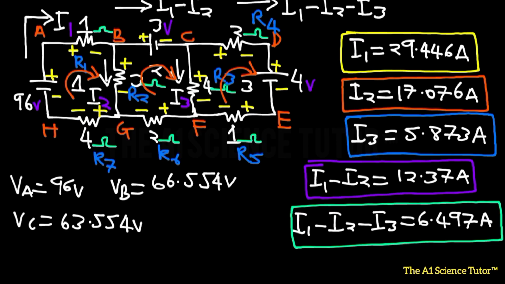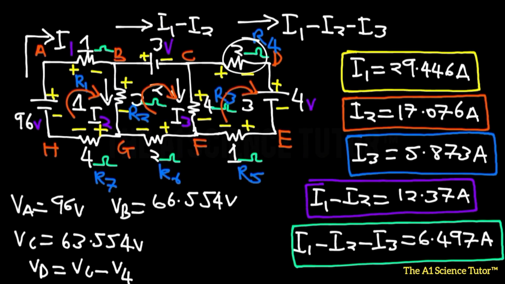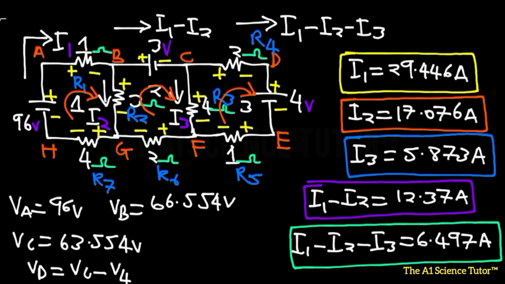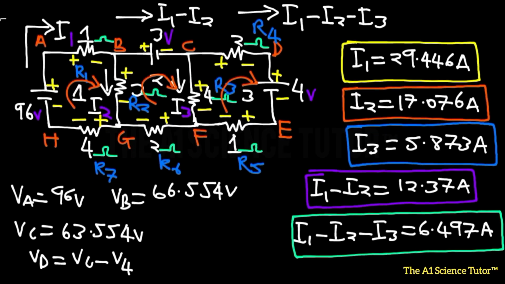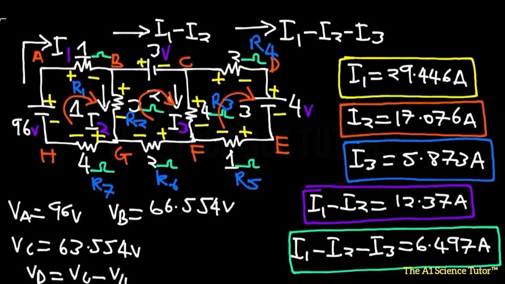Now how about VD? We know that VD should be equal to VC minus V4. That is the voltage wasted over the 2 ohms resistor. Now V4 has to be I1 minus I2 minus I3 multiplied by R4. That is the current going through the 4th resistor. You got to multiply that with the resistance itself, and that gives you the voltage wasted over the 2 ohms resistor.